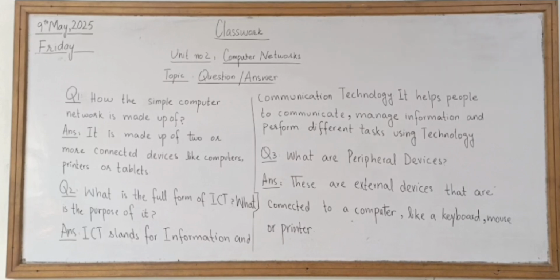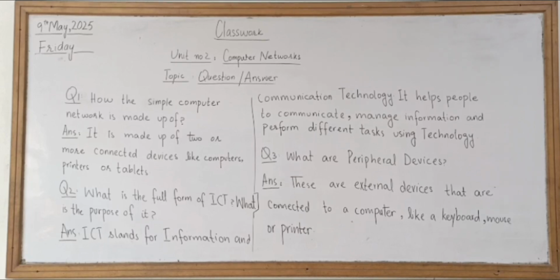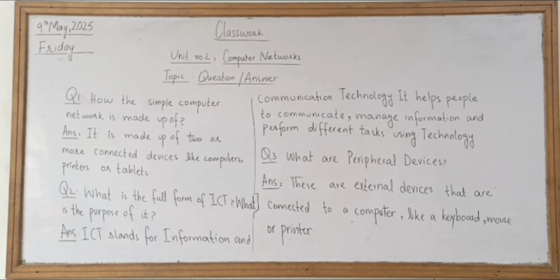Before starting today's lesson, we will do a quick recap of the previous lesson. In the previous lesson, we started with the introduction of computer networks, and today we will summarize it in the form of a statement: when we connect two or more computer devices together. For example, we are connecting a computer with a printer.